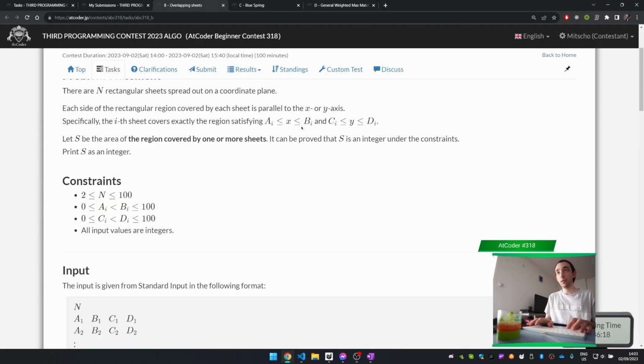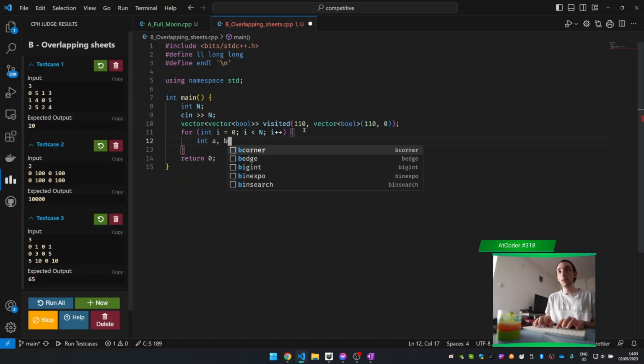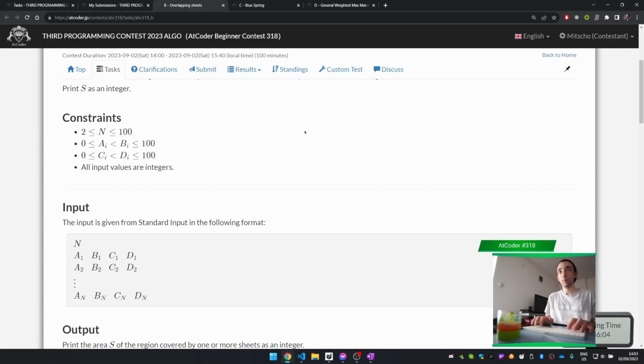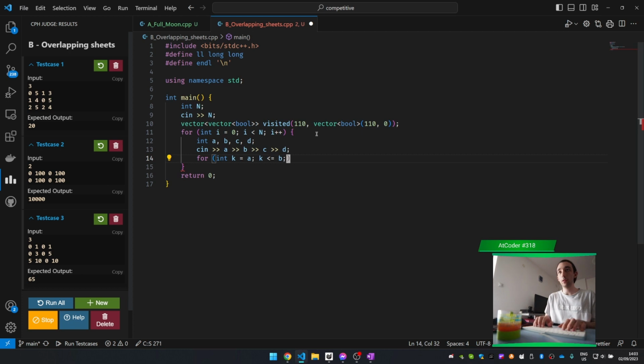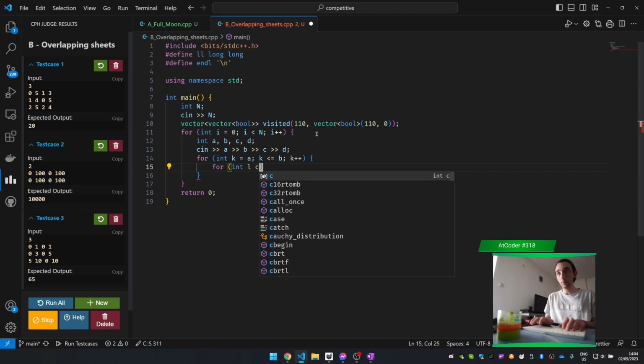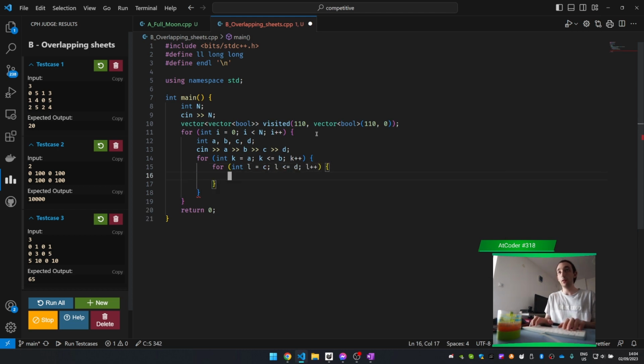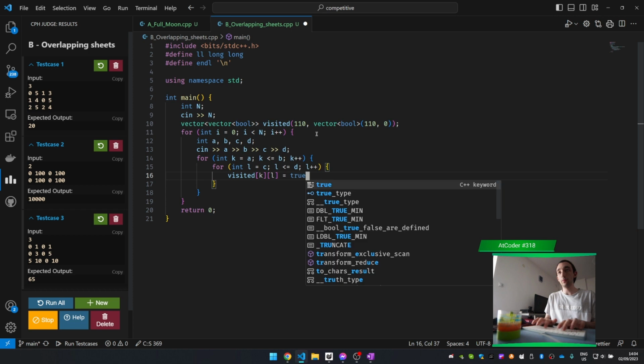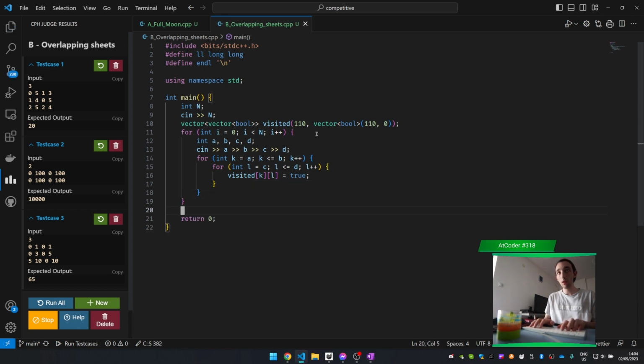This is A, B, C, D. Then from A to B, from C to D. Wow, I really haven't coded in a while. Visited at K, L is true.